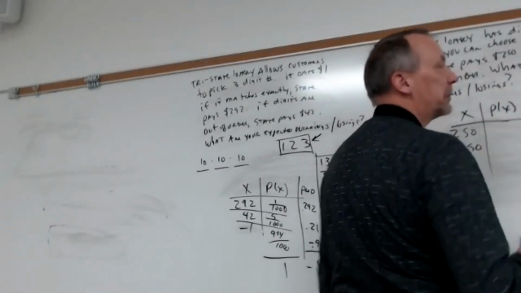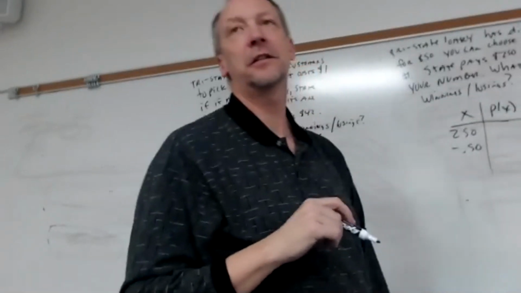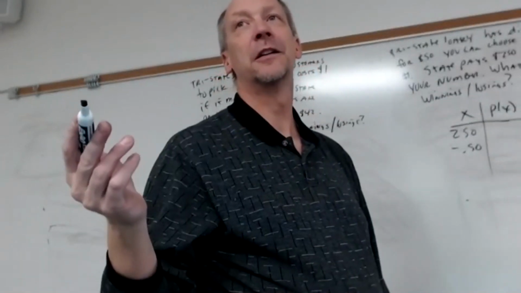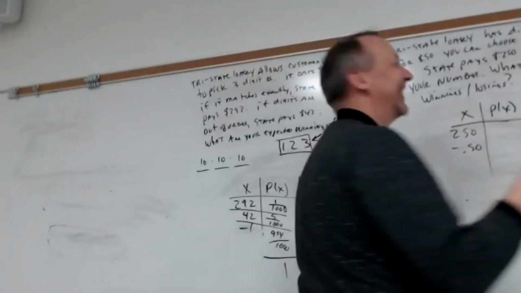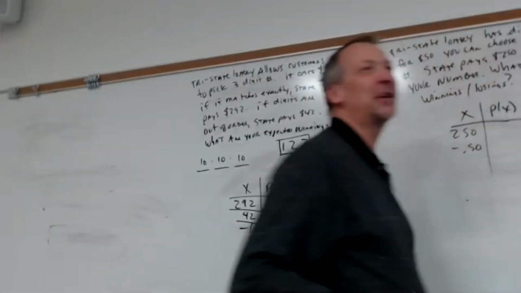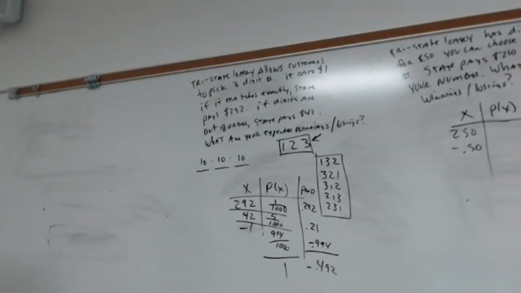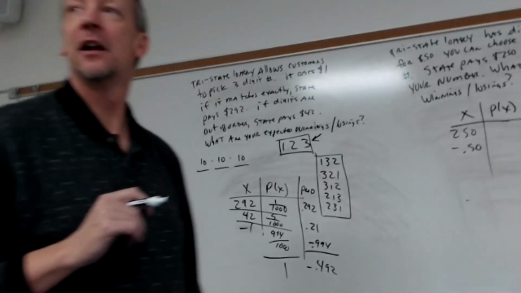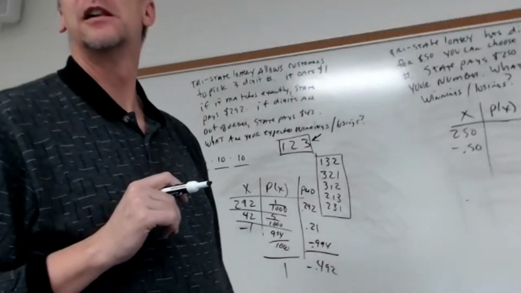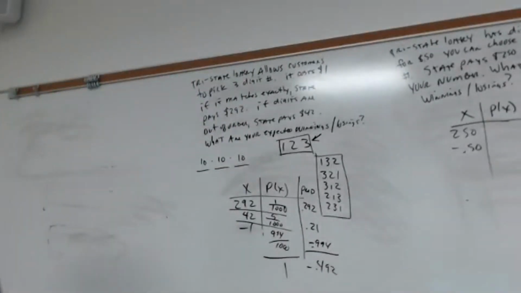Okay? Let's pick the same number that Sarah was supposed to pick. 1, 2, 3, right? That's our winning number. What's the probability the state picks that number? Do you know how to figure that out?